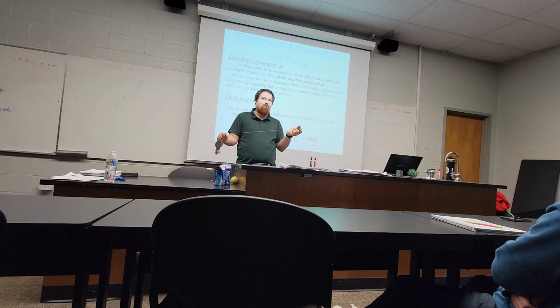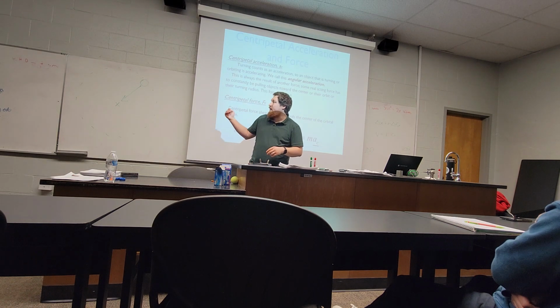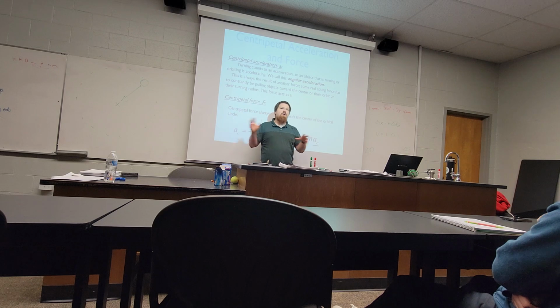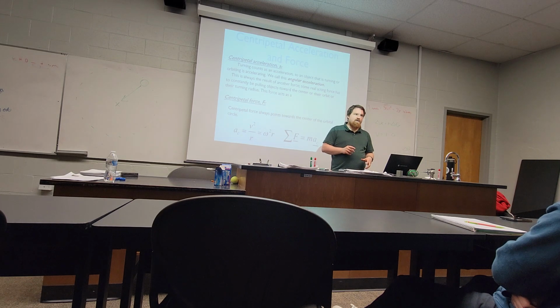It can't get any further away, so it can't pull out this way. All it's able to do is move to the side and keep changing direction, staying at the same distance, forming a circle. So some real force always has to play the part of this to cause something to spin. How you guys feel so far?